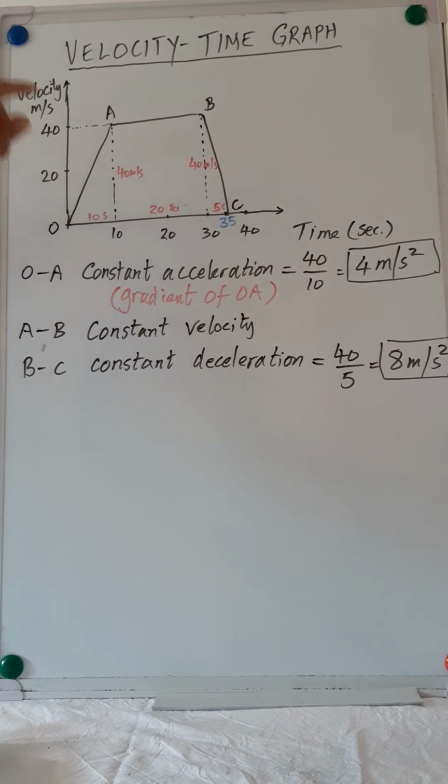If you remember the formula for the area of a trapezium, it's the average length of the two parallel sides, this plus this, divided by 2, times the height.